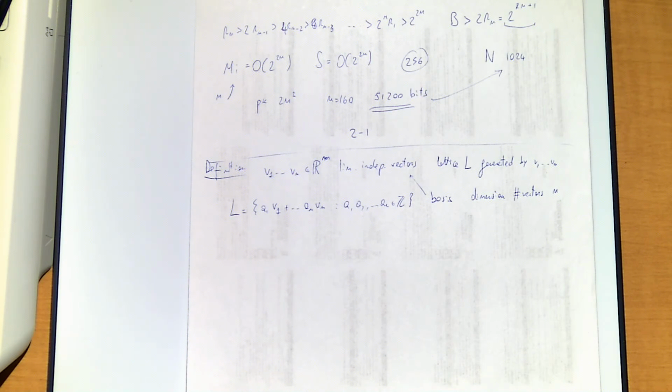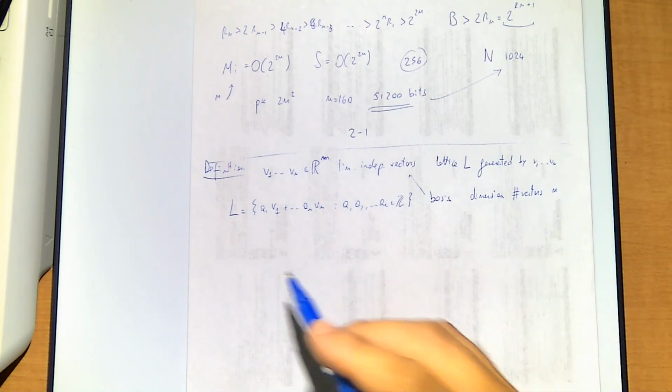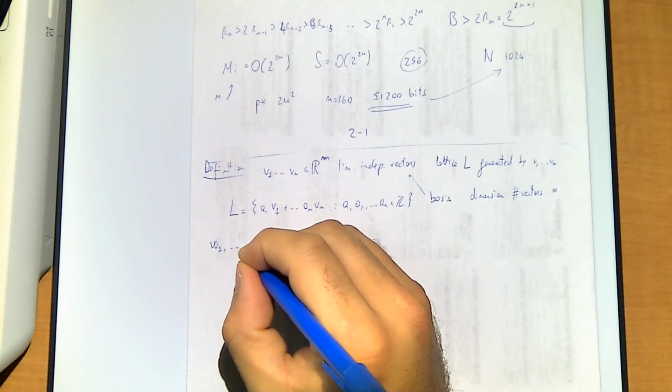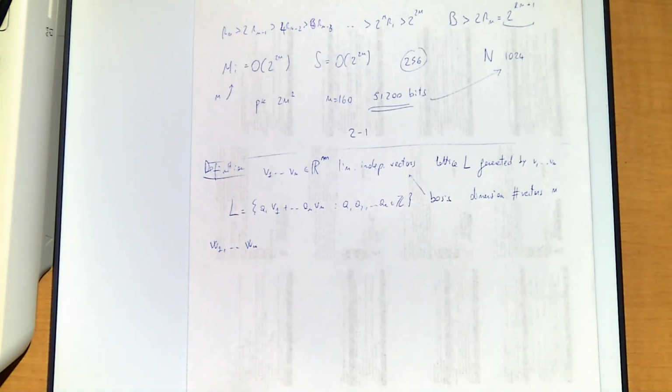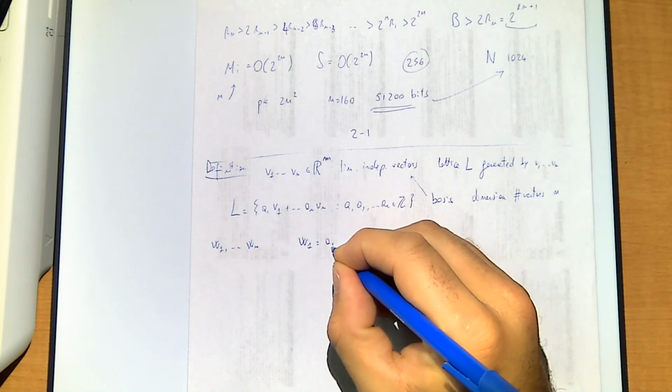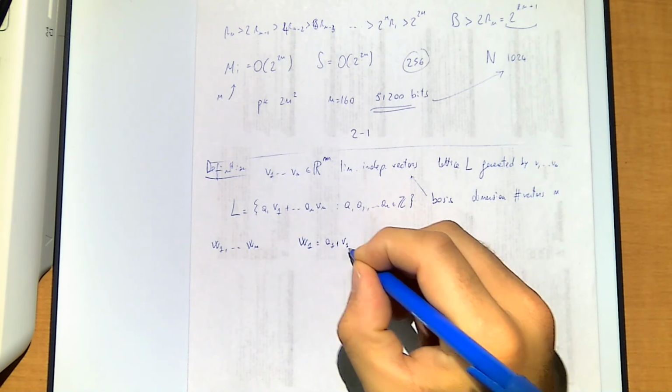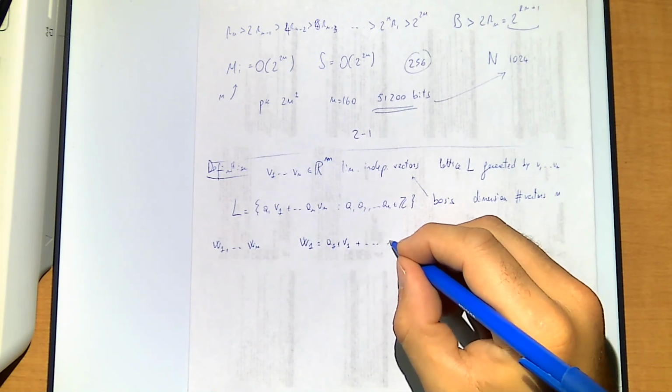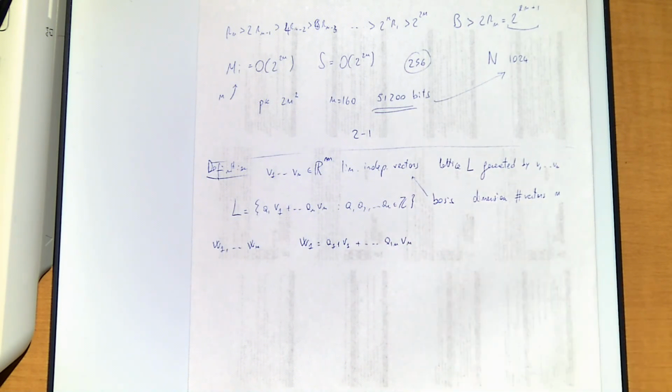So what we can do is, if I have a basis v1, ..., vn, and then I have another basis w1, ..., wn, right? Suppose I have 2 different bases. Then I can always write w1 as a combination a11 v1 plus ... plus a1n vn, right?